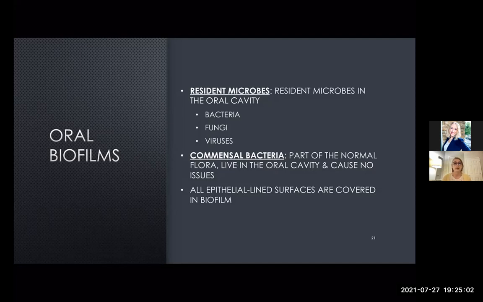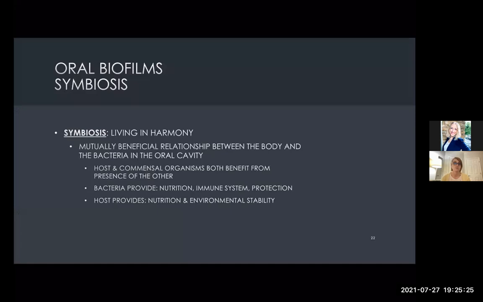So remember, all epithelial-lined surfaces are covered in biofilm. Any wet surface is covered in biofilm. Our entire mouth is covered in biofilm. The important thing is, is it pathogenic bacteria dominating in the biofilm, or is it still normal? Do we still have that system of checks and balances?